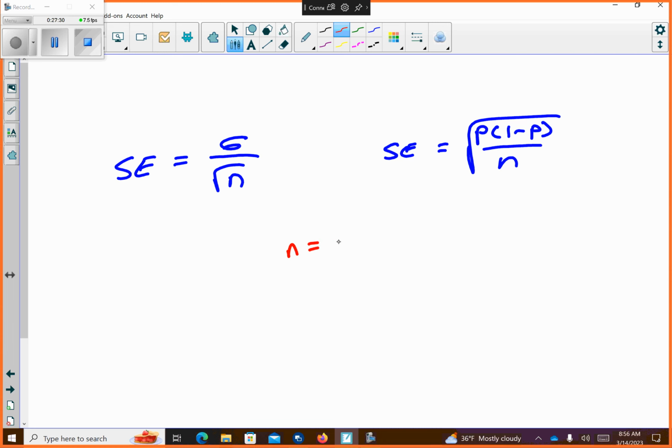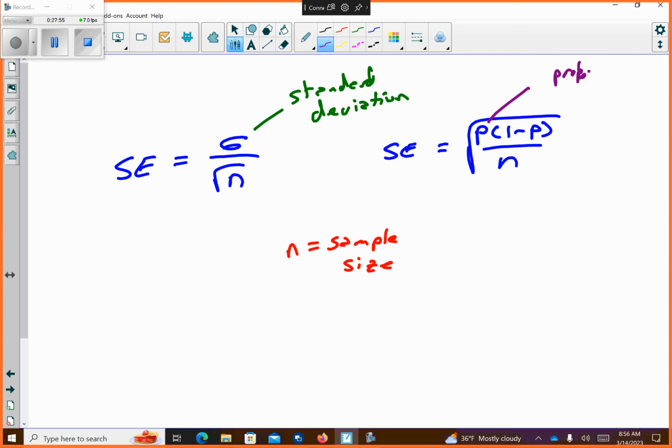So n is the sample size, that's the same on both. This is going to be the standard deviation. And over here on this one, this is the probability something will happen. And it goes into both.